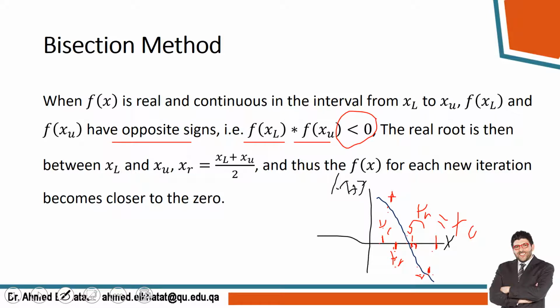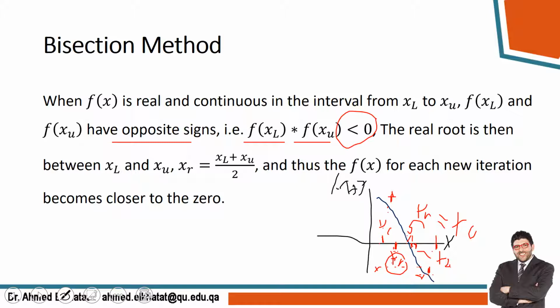If it gives negative, then xr becomes the lower, and I keep xu as it is as the upper. Then from both together I can calculate a new xr, and that's it. Every time I check the signs and go upper or lower.